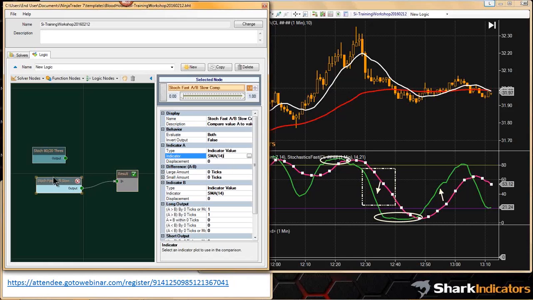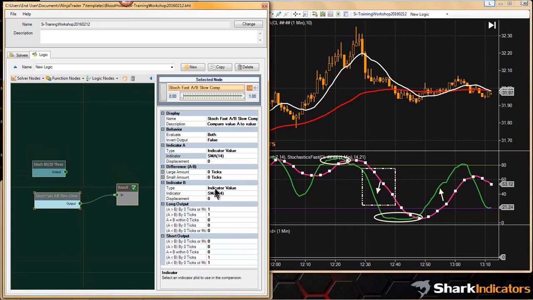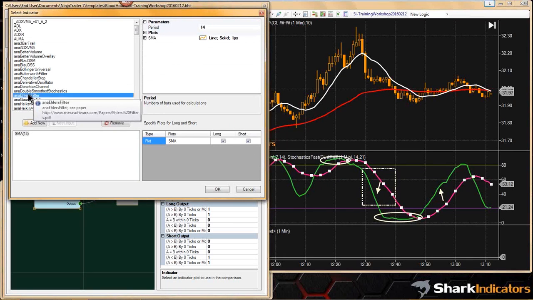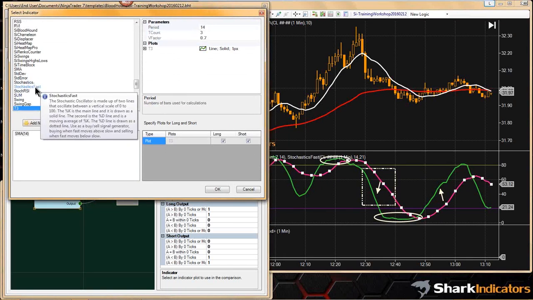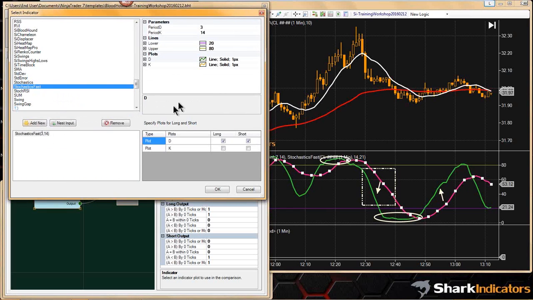So when you're using the comparison solver, typically you want the faster indicator in indicator A, and then you put the slower indicator down here in indicator B. Right? So let's set the faster stochastic up here. I'm going to grab a stochastics fast and change the period settings.